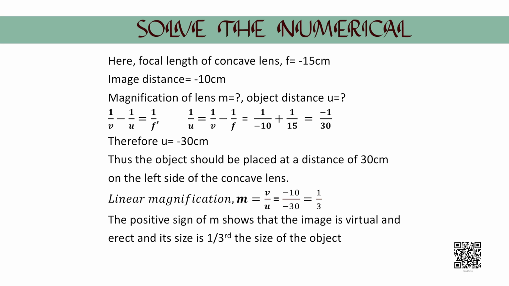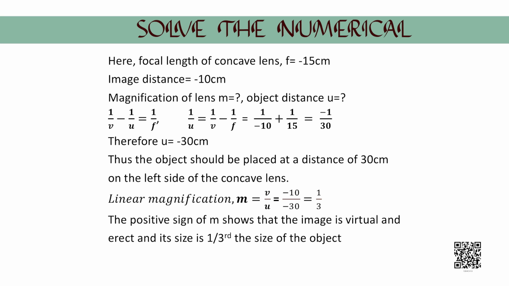We will be using the lens formula 1 by v minus 1 by u equal to 1 by f. Now rearranging the lens formula in accordance to our needs, we can write it as 1 by u equal to 1 by v minus 1 by f.